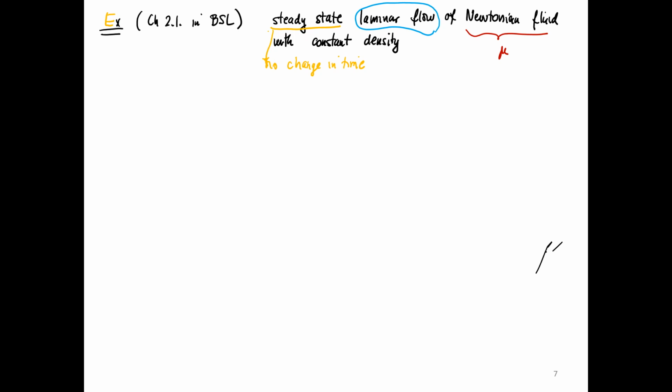And then constant density, I don't change my density, also makes my life much simpler. It's also incompressible, so under large pressures, I'm not going to change my density, for instance. That's often so called incompressibility.